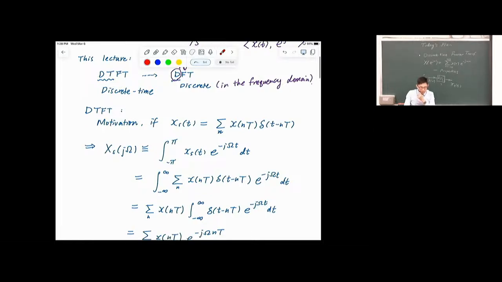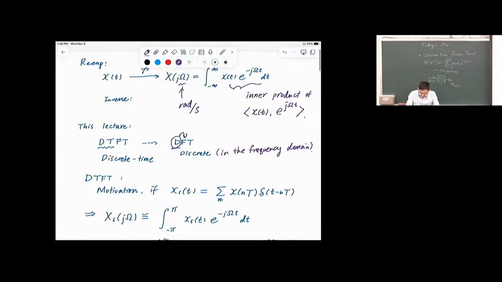Next, let's start talking about the motivation behind DTFT. The motivation is to have a representation for a signal after it is sampled. Suppose that we have a signal x of t, and then we sample it. We apply C to D conversion so that the result is a sequence of numbers.